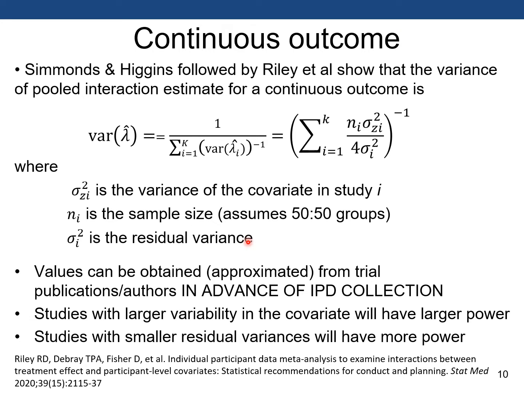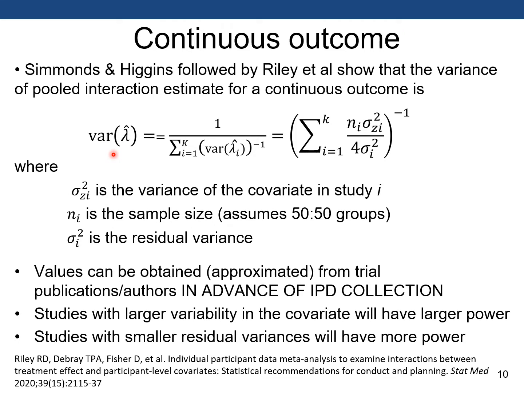So what this means is, actually, if in advance we were able to know what the sample size of a trial is, roughly what the variability of the covariate is, so what's the variance of age, say, and we could make an assumption about what the variability is of the outcome that's unexplained, then we'd be able to work out an approximate estimate of the variance in each trial, and therefore, based on this equation, the overall variance of the meta-analysis results.